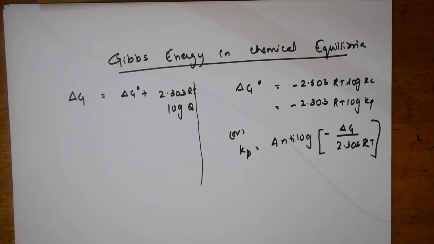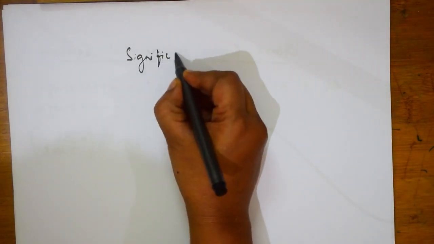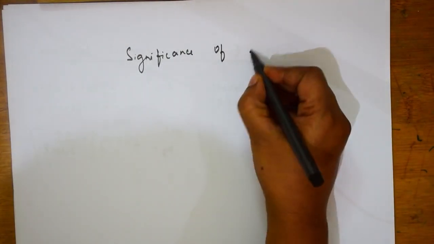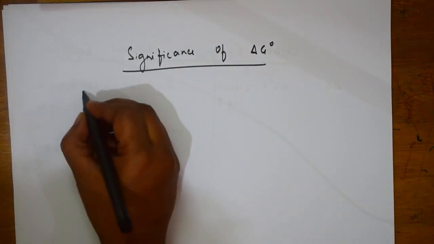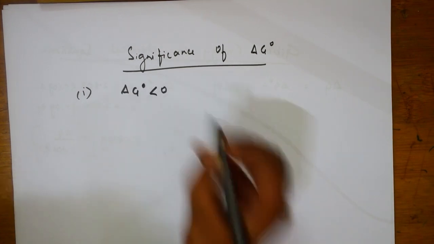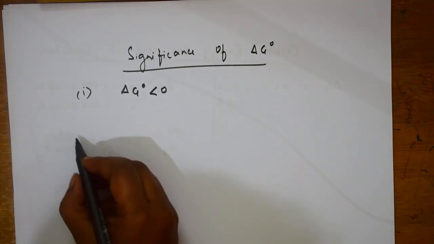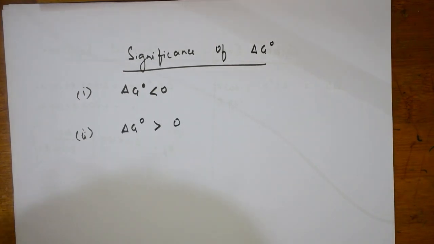Now the next very important concept of Gibbs free energy, that is the significance of delta G naught. This is where they'll ask you whether the reaction is feasible or not. You have to remember this. Let us write the conditions. Condition 1: if delta G naught is less than 0. Second condition, if delta G naught is greater than 0.